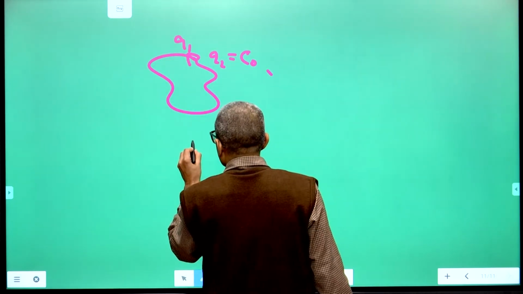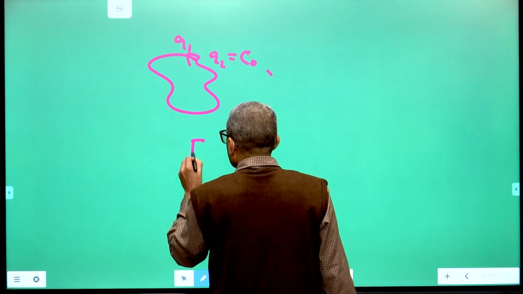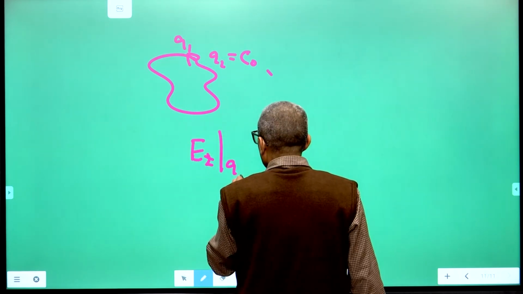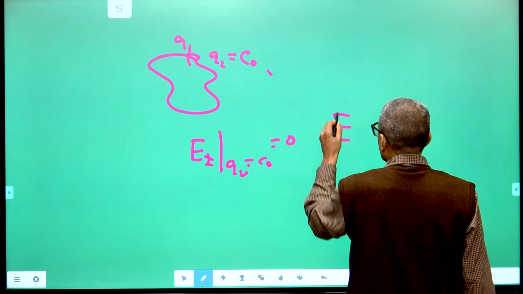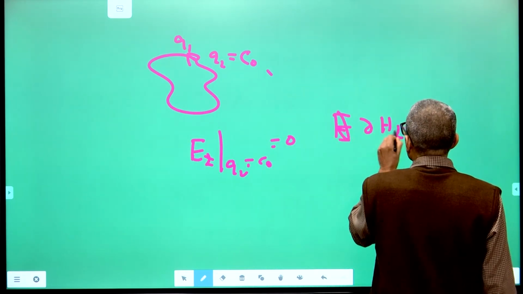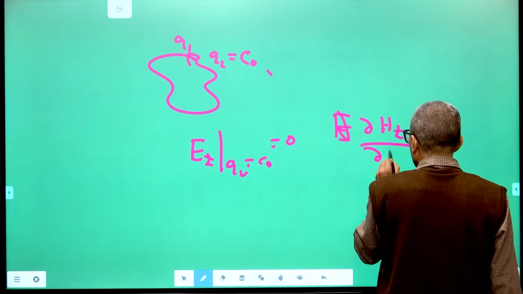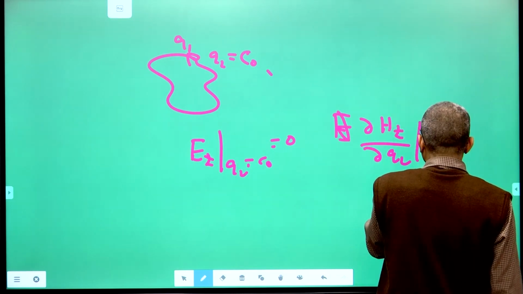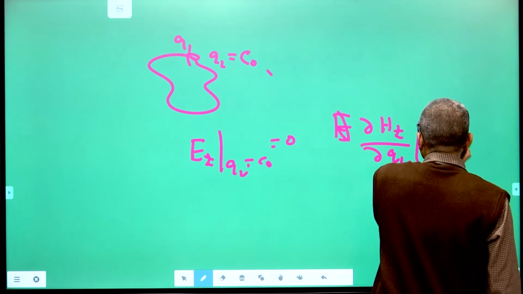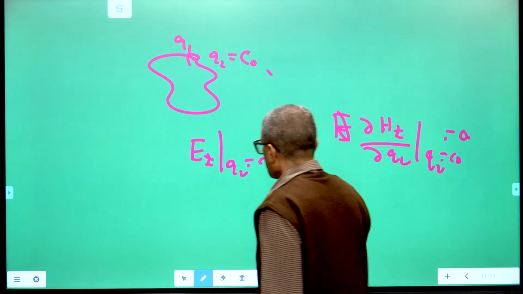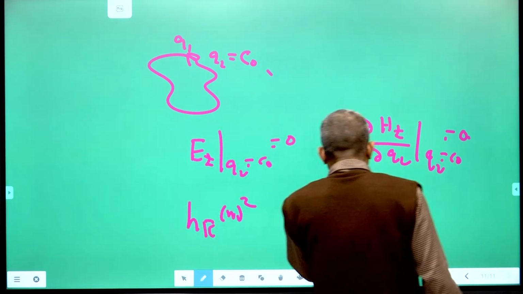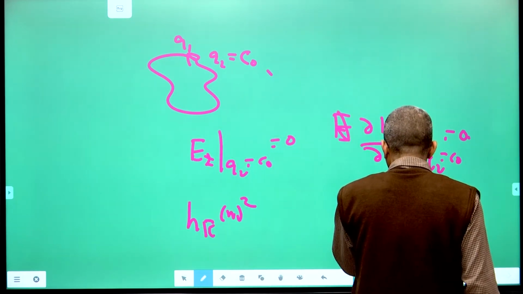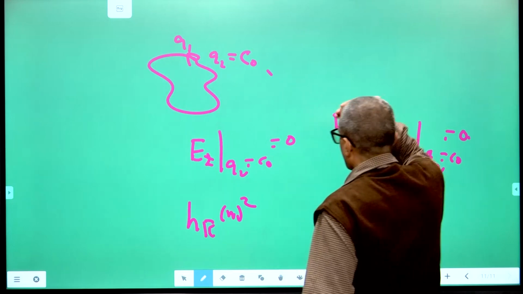So your boundary conditions are Ez at q2 equal to c0, that should be 0, and ∂Hz/∂q2, the normal derivative at q2 equal to c0, that should be 0. These are the boundary conditions, corresponding to which the modal eigenvalues are hen square, and here it is hhn square, n equals 1, 2 and so on.